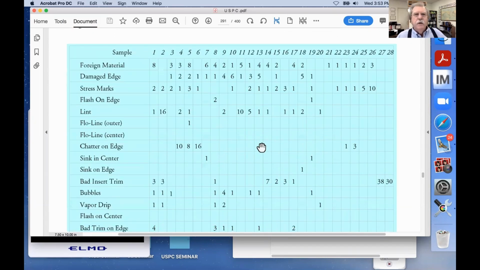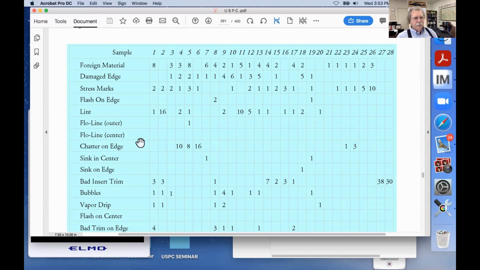On page 291, you have the data from 6 months later. Same part number, but 6 months later, how many reasons for rejection do they have? Instead of 8, they have 16. How do you go from 8 reasons for rejection to 16 in 6 months' time?